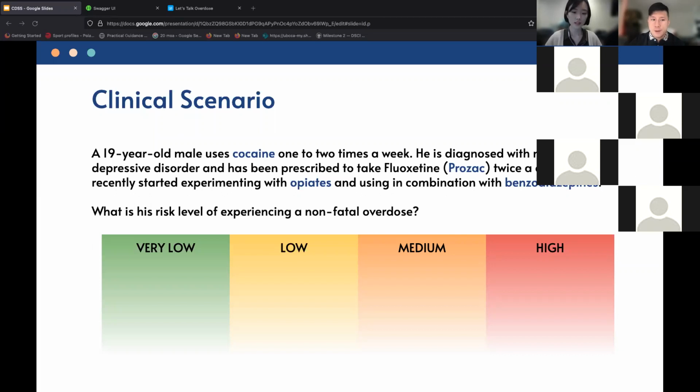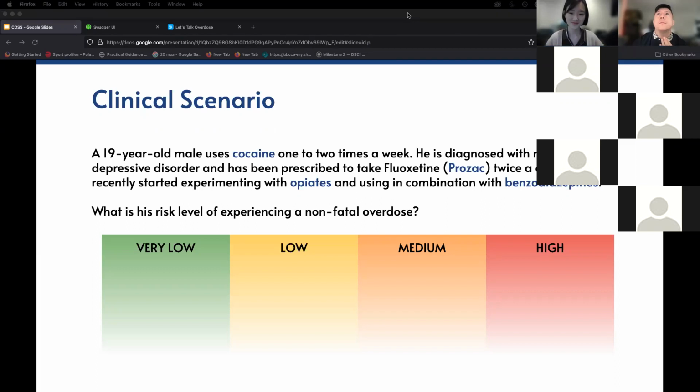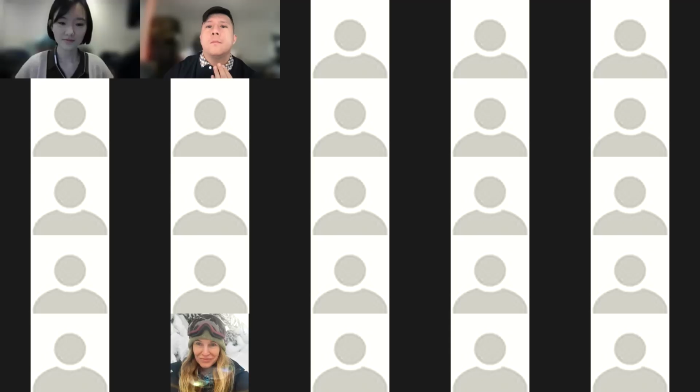We can also go into breakout rooms if everyone is very shy. Let me see how we can do this. Give me a second here. I'm going to stop sharing for a second. We will jump into breakout rooms.